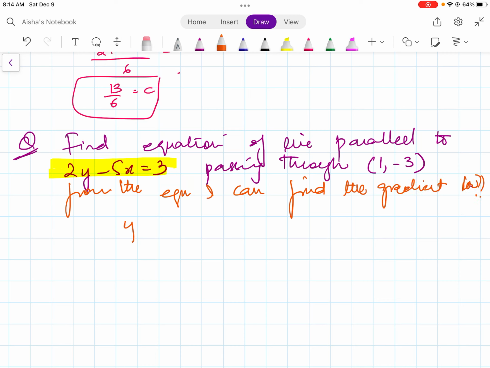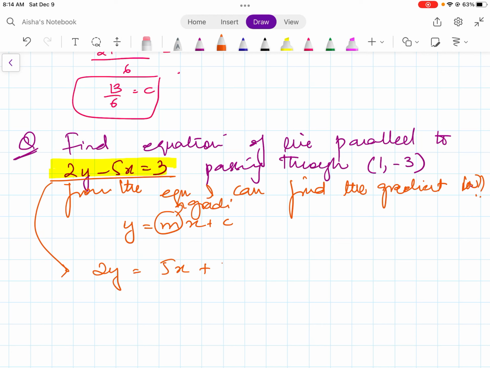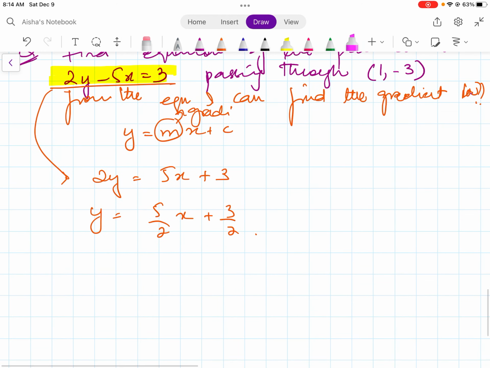How? You know y equals mx plus c. The coefficient of x is the gradient. Make y the subject. Individually divide so that it is easy to pick the gradient. So this is my gradient. My gradient is 5 upon 2. It's parallel, so it will be the same.